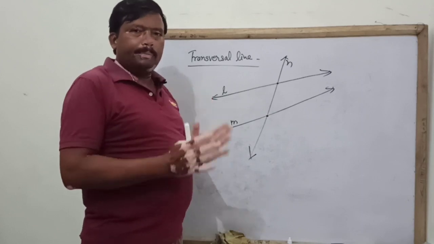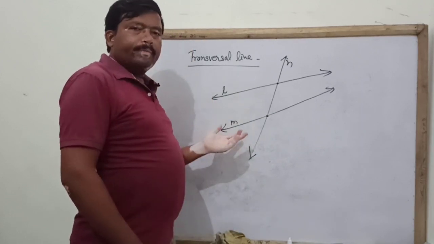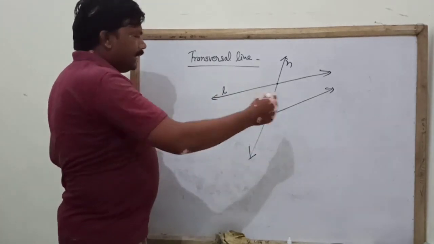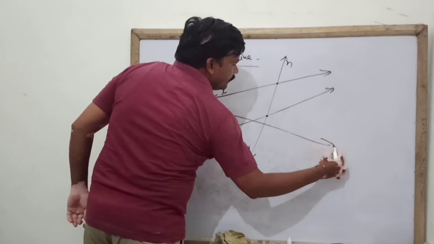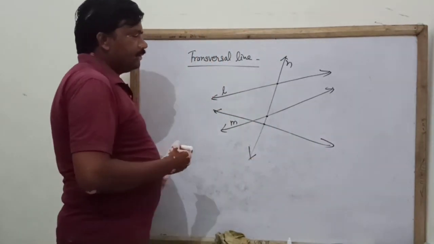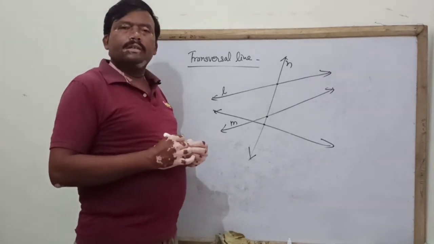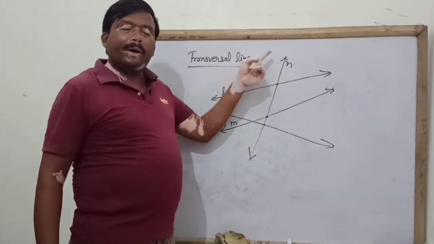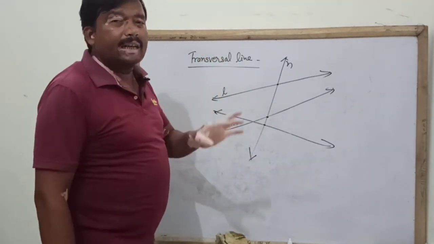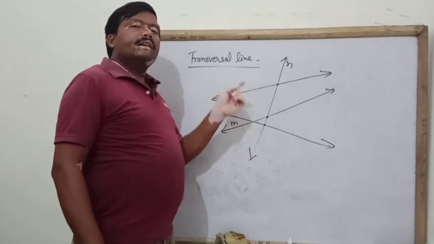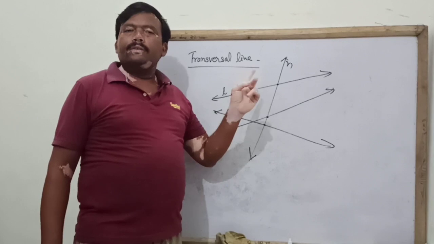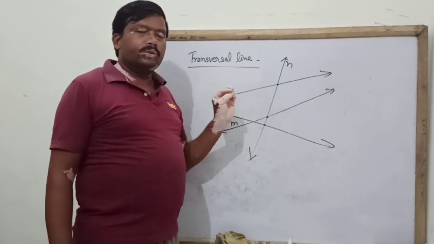Clear? Any problem? If a line intersects two or more lines at distinct points, then that line is a transversal of those given lines.